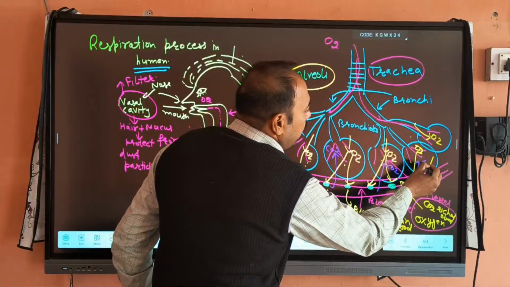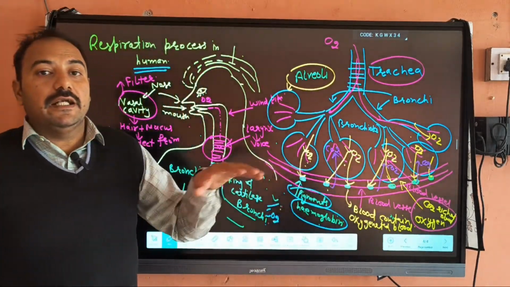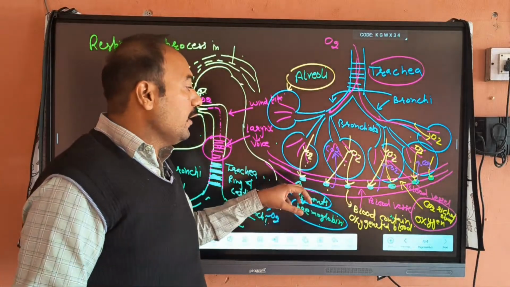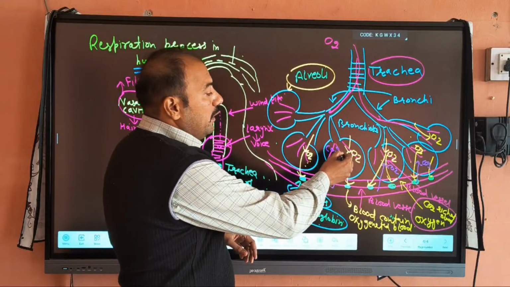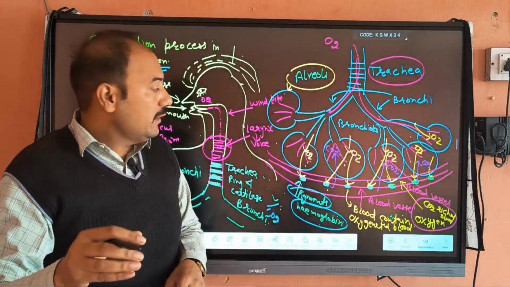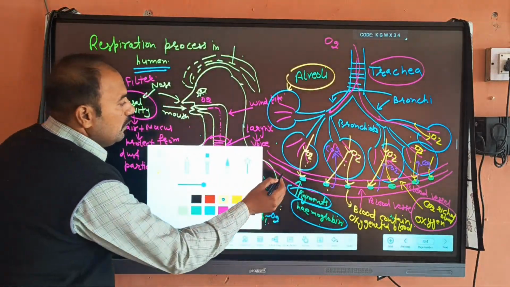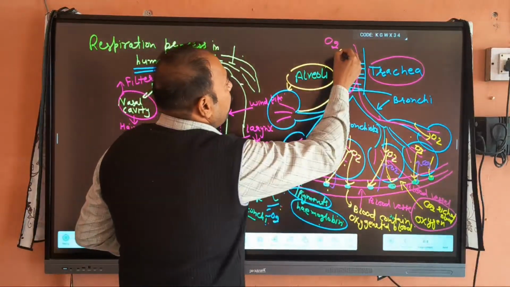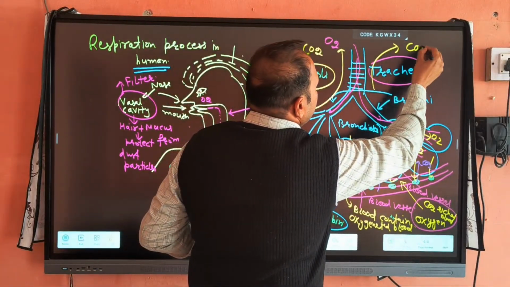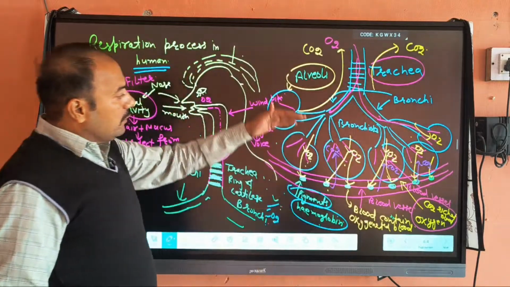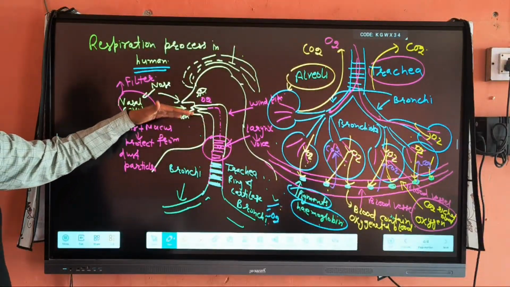They drop CO2 in the alveoli. In the blood vessels there is liquid-form blood containing carbon dioxide, and that carbon dioxide is given to the alveoli in the form of gas. This CO2 then goes outside, is removed outside. So this is known as the complete respiration process in humans.